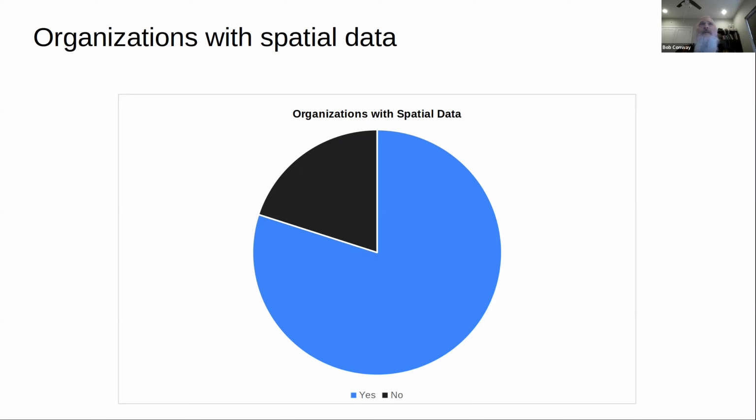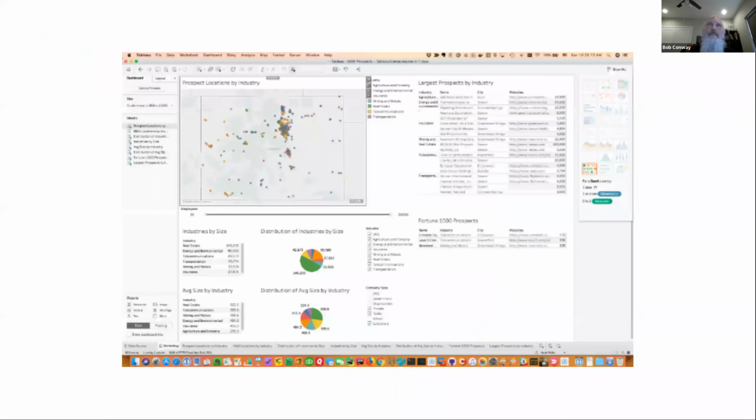That 80% is a somewhat debatable figure. I've seen numbers as low as 71%, but it still represents a significant majority of organizations. When integrating data and automating business processes, spatial data is often overlooked and underutilized, despite being critical for success in the modern world.